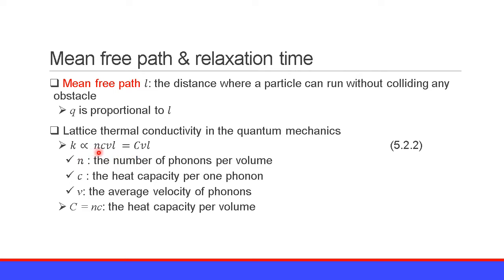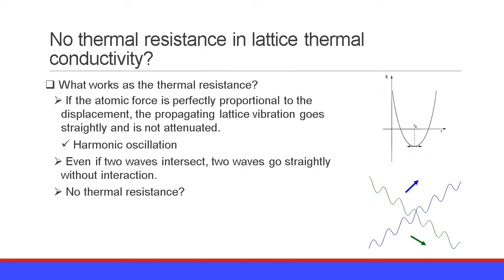K is proportional to the product of N, C, V, L. N is the number of phonons per volume, C is the heat capacity per phonon, and V is the average velocity of phonons, which is equal to large C V L, and large C is the product of N and C, which is the heat capacity per volume. Equation 5.2.2.